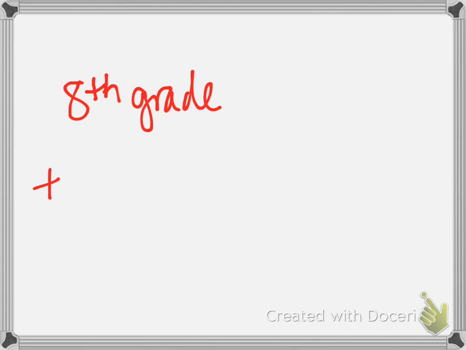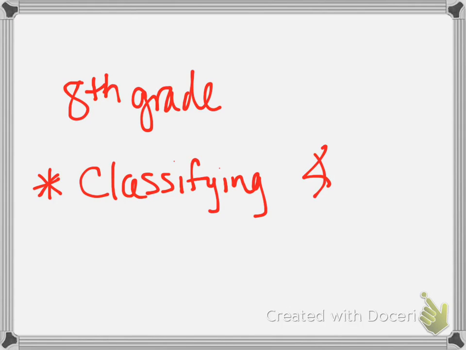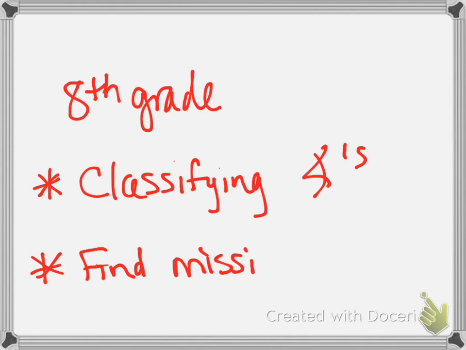So for this one, if you want to YouTube it, you're definitely at an 8th grade level on this. And what you're looking for is classifying angles, or you're looking at finding missing angles.